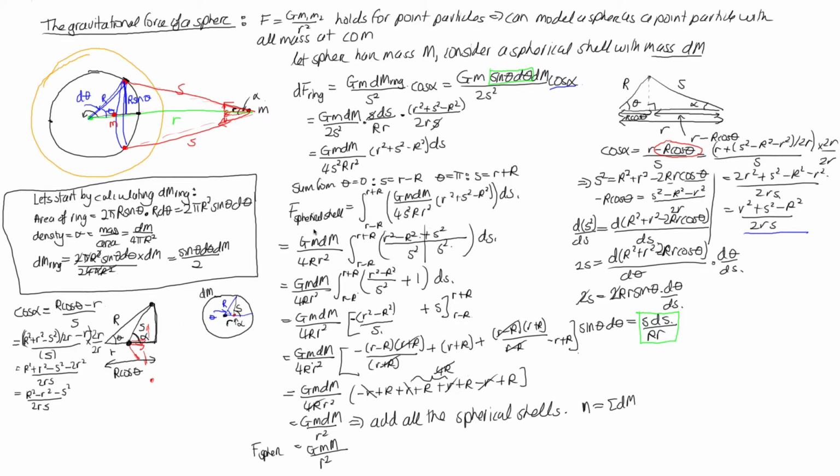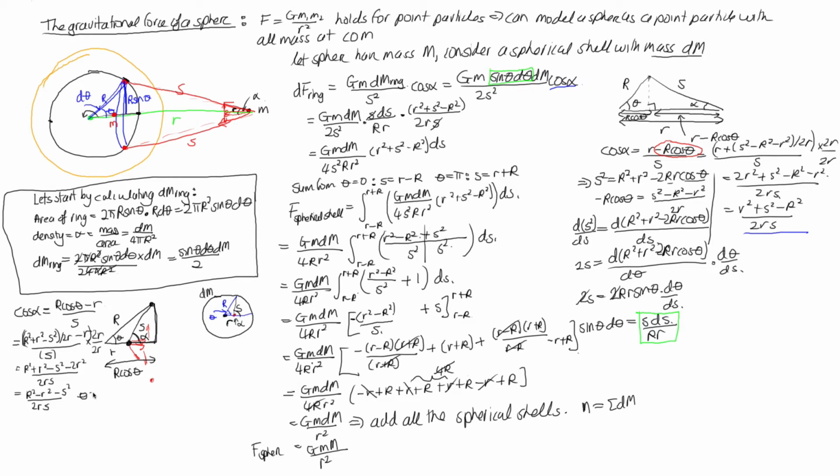Now what we're going to want to get is the force from the spherical shell once again. We can substitute in this for the ring, so we have our expression for the ring. And so let's look at the limits on our integral.